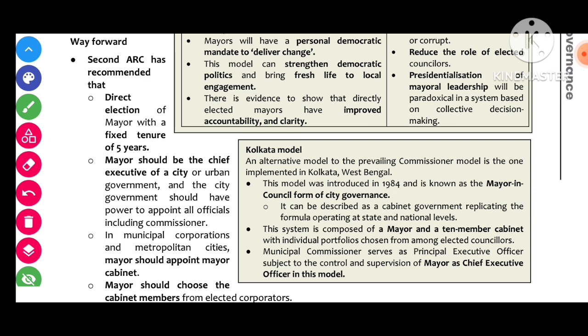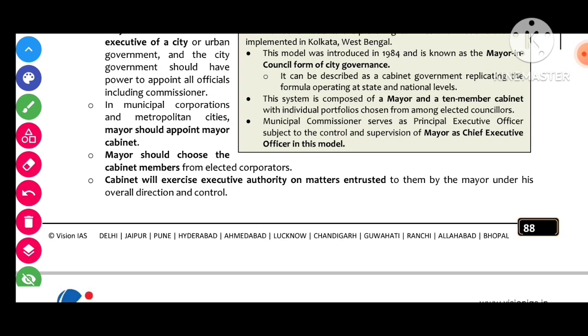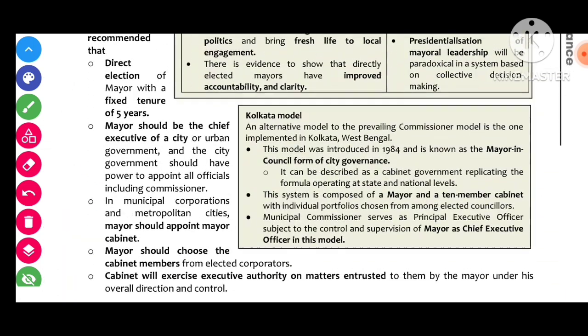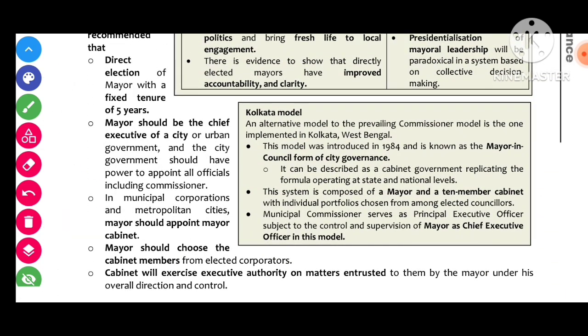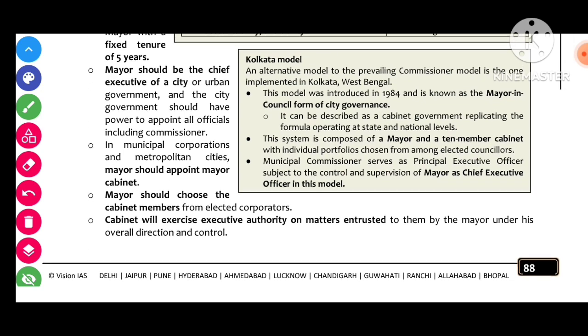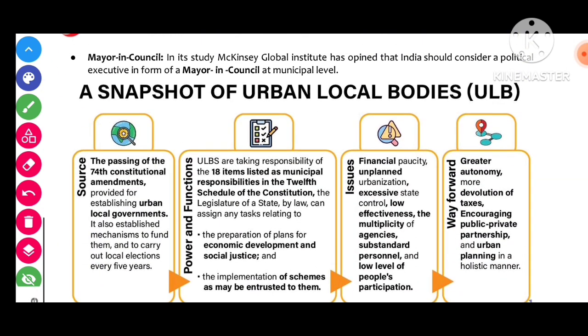Okay, mayor is indirectly elected by the councillors. So you can remember, and you can give example from Kolkata model for reforming in the elections of the mayor.